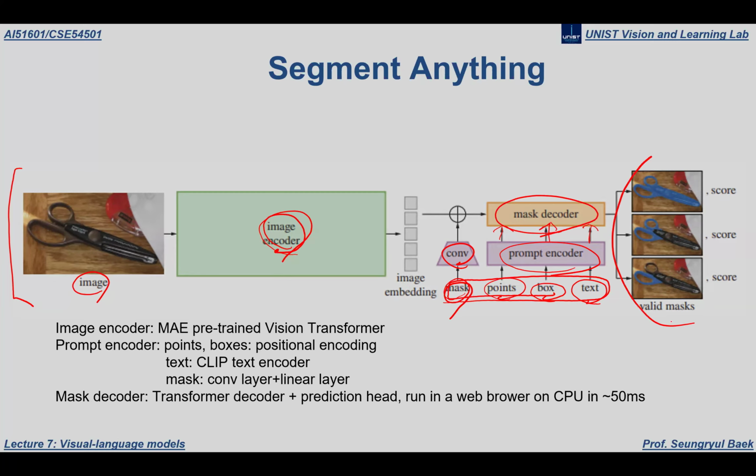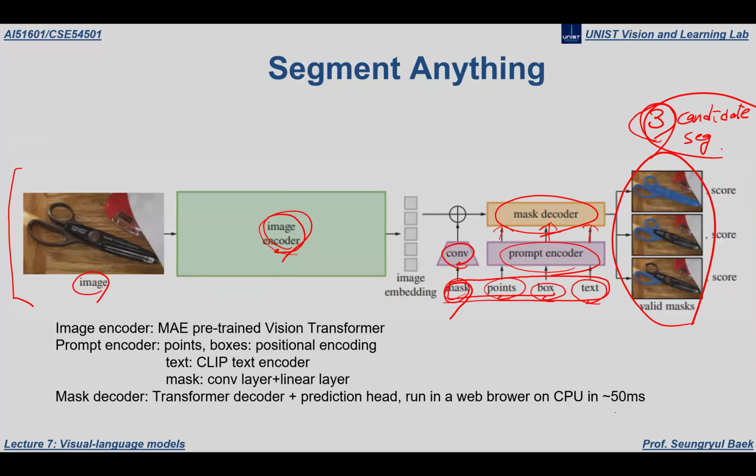They actually estimate 3 candidate segmentation masks. Why 3? Experimentally they validated that 3 is better in performance than 1 candidate segmentation mask. So they are estimating the 3 candidate masks.